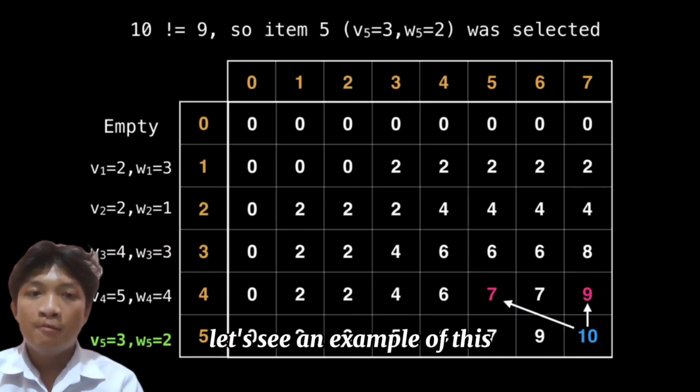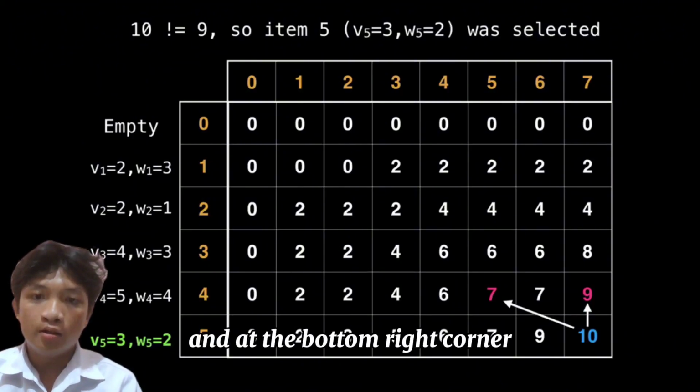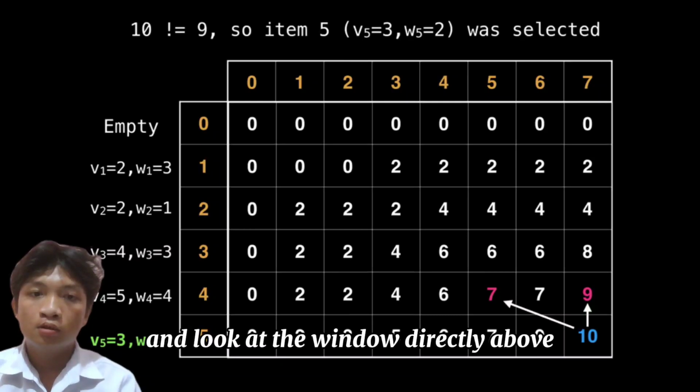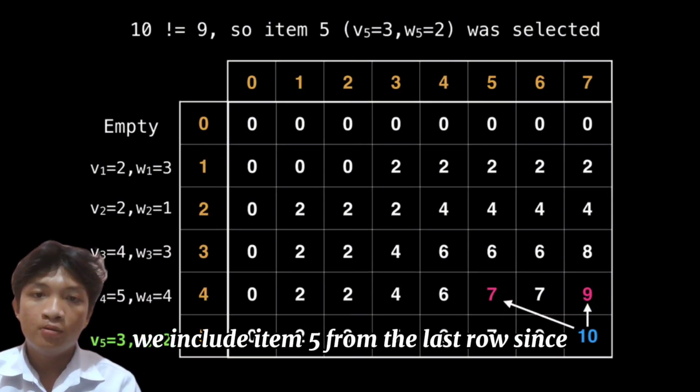Let's see an example of this. Start at the bottom right corner and look at the value directly above, which is 9. 9 and 10 are different values, so we include item 5 from the last row.